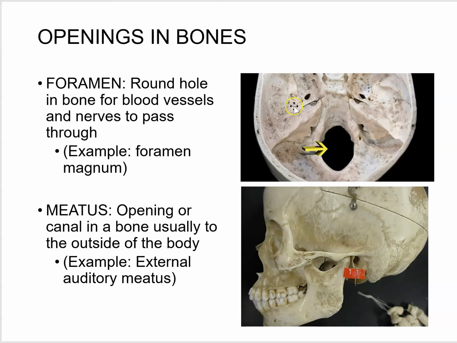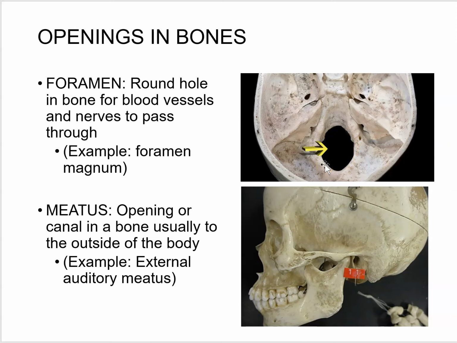So the example we're showing you here, this giant hole that sits at the very base of your skull, part of the occipital bone, is called the foramen magnum. In Latin, that translates to great hole. So the foramen magnum, well, what do you think passes through there? Since it's at the base of the skull, it's going to be your spinal cord.